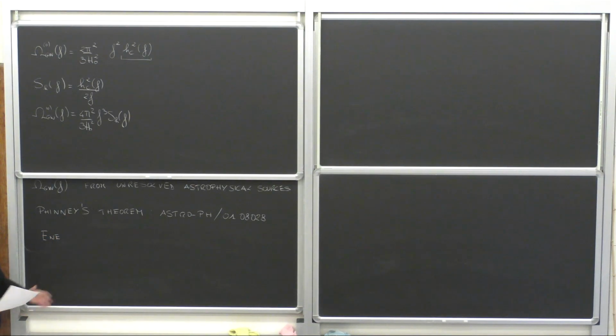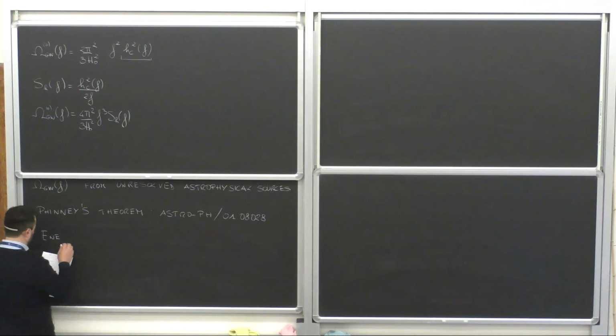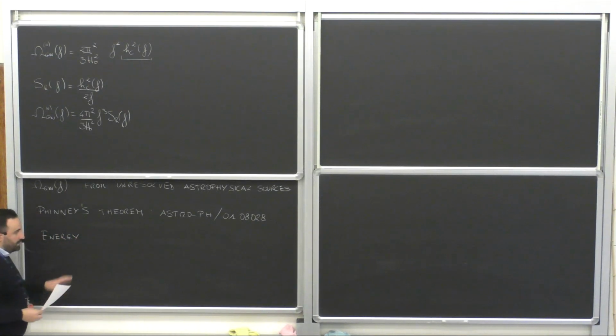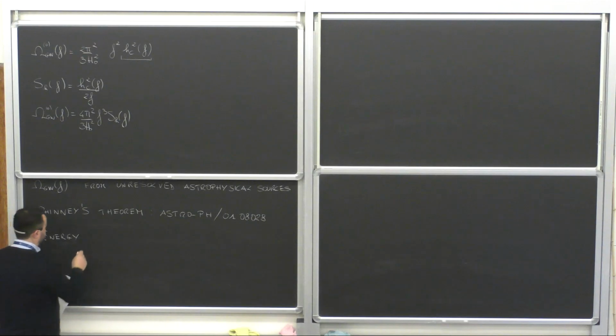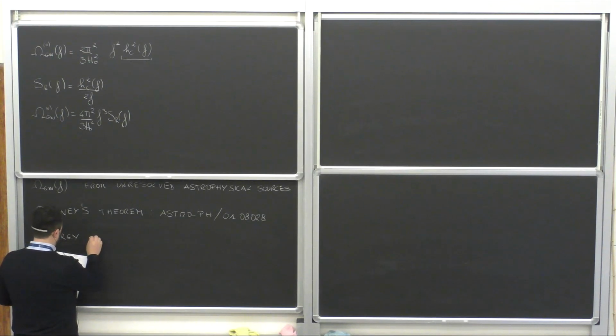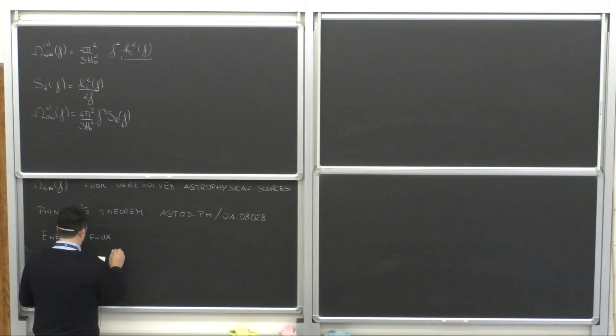I don't strictly follow the paper because I simplify many of the calculations, but if you go through this paper, it's quite easy to follow and to reproduce all the calculations. So I do some simplification.